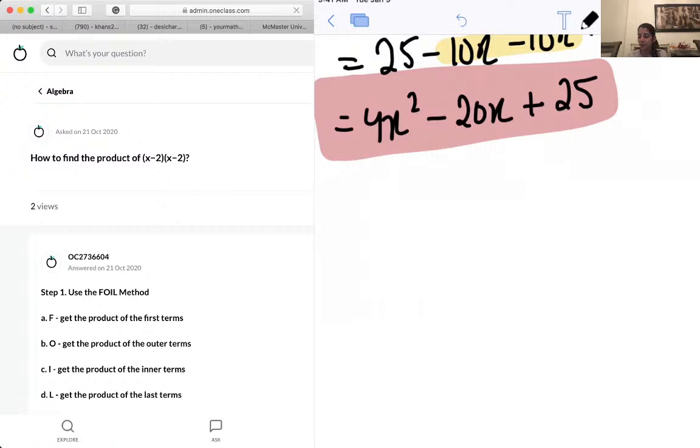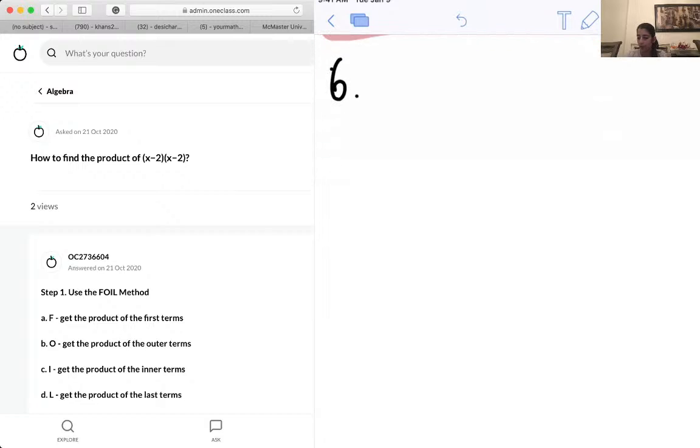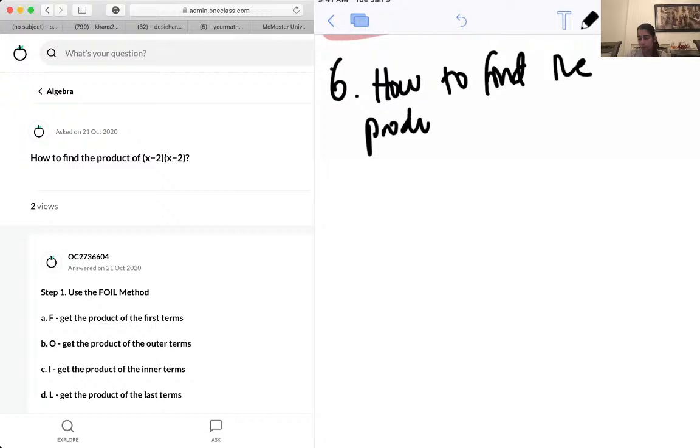The next question is asking us to find the product of x minus 2 times x minus 2. Question 6, I believe. So, how to find the product of those two.